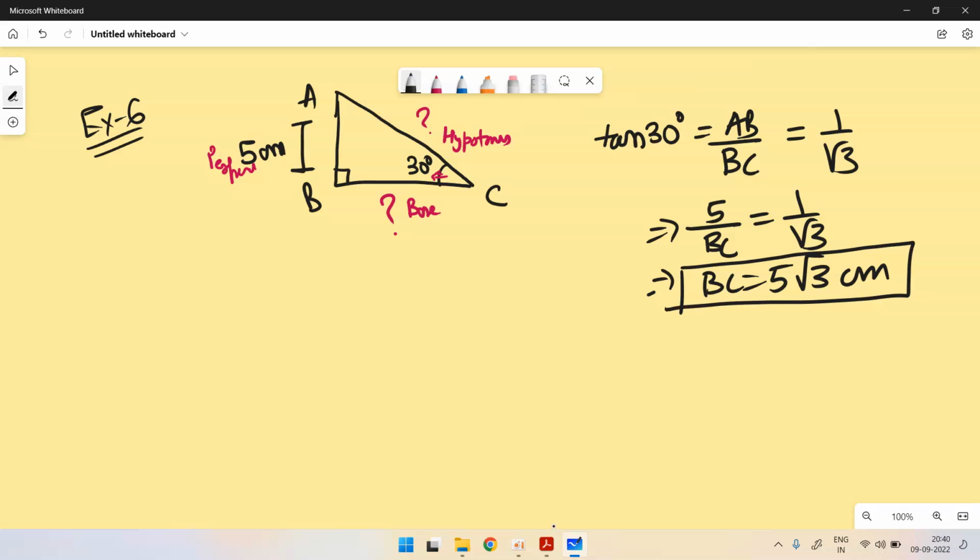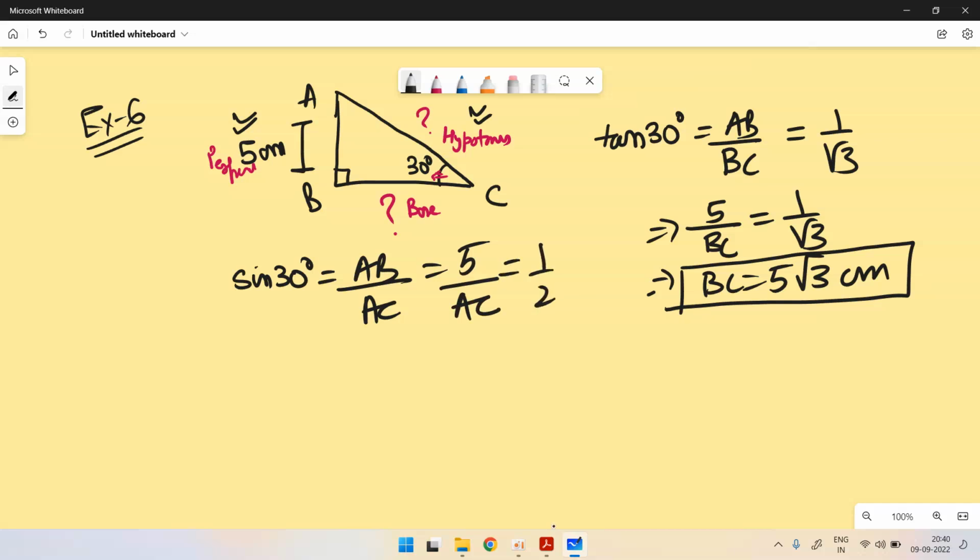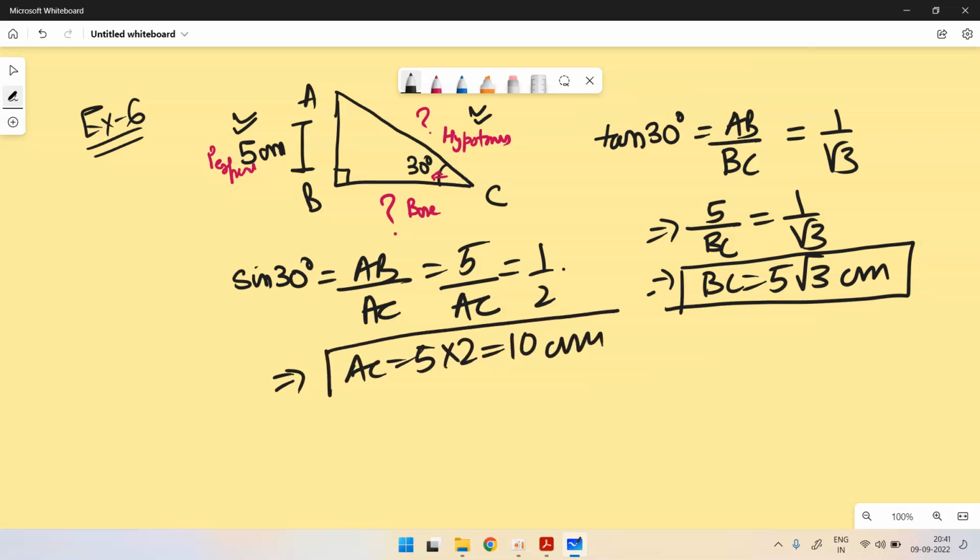Now for calculating the hypotenuse, you can also use the Pythagoras theorem, that is AB square plus BC square, but this will be a lengthy process. So directly applying, perpendicular is given and hypotenuse is needed, and there is one ratio named sine of 30 degree, that is sine theta, nothing but perpendicular, AB, by hypotenuse, AC. AB is given to be 5 centimeter, and sine of 30 is half, which implies that AC equals 5 into 2, nothing but 10 centimeters.